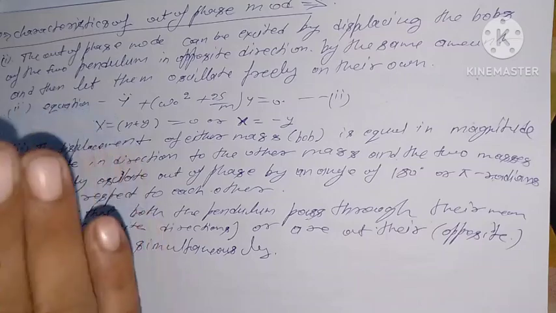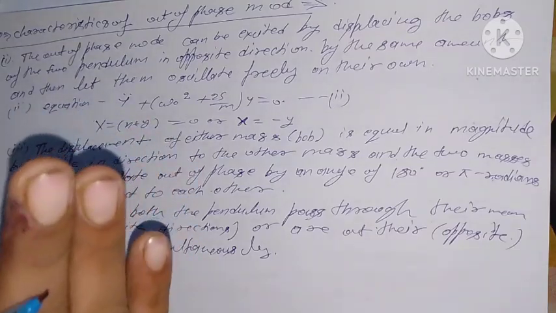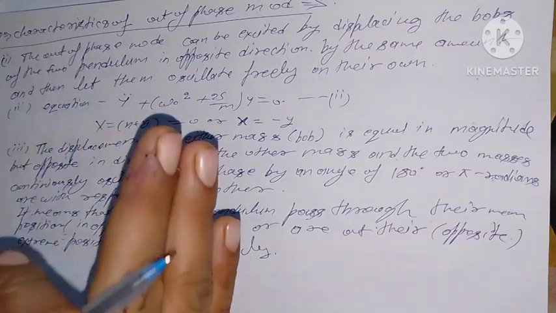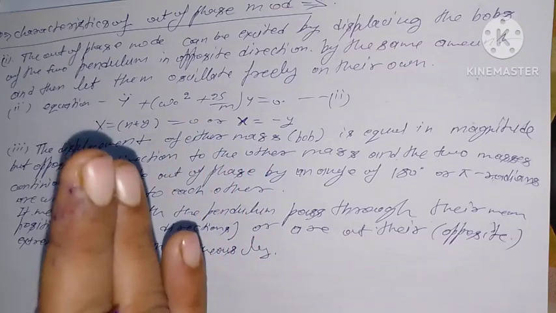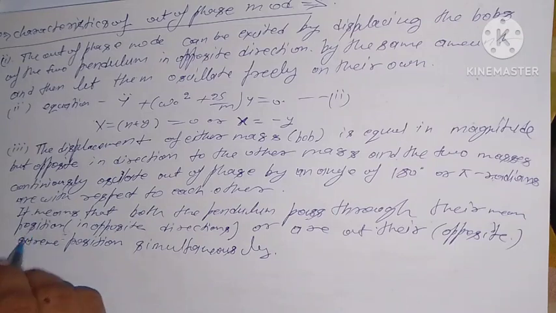It means that both pendulums pass through their mean position in opposite directions, and are at their extreme positions simultaneously in opposite directions.